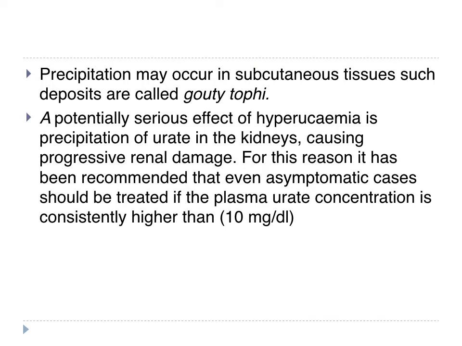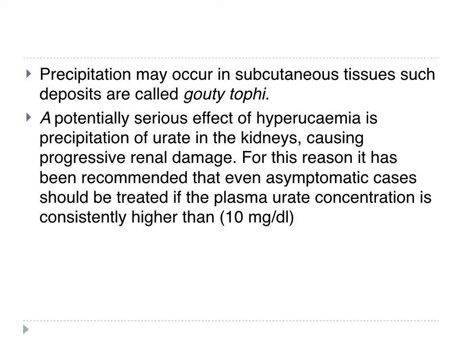Precipitation of these might exceed the normal value, so it will affect the function of this organ or of the tissue where it is present. And this will be more dangerous than deposition in the joints, because in the joints it will be painful and have symptoms.